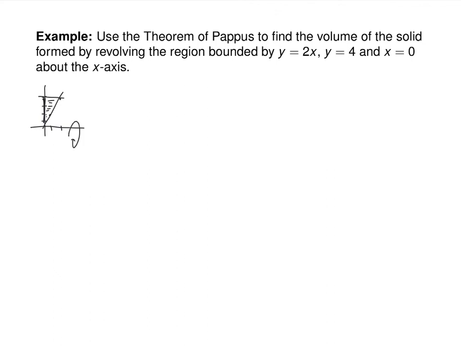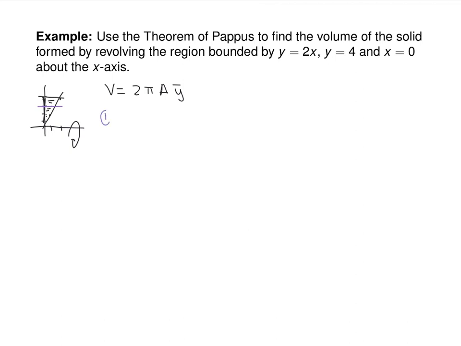We're spinning about the x-axis. So the theorem of Pappus says the volume of this thing is 2 pi times the area times y bar, the average y, which should probably fall somewhere up there-ish.